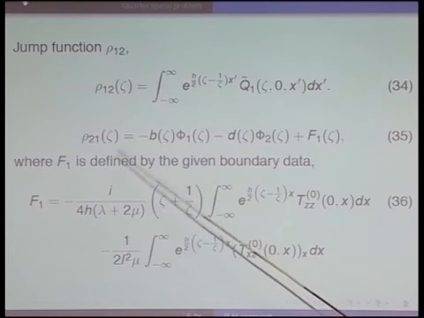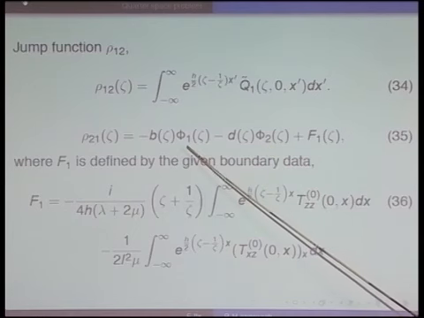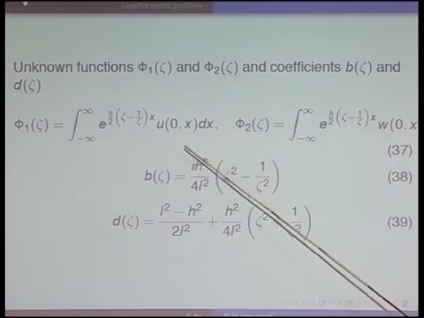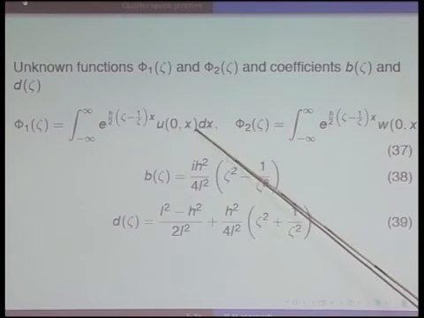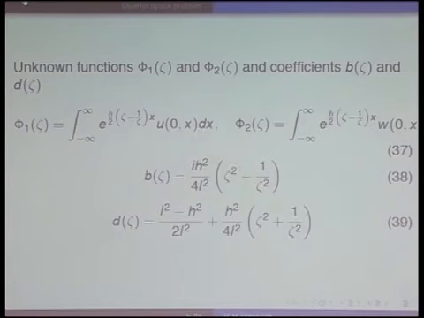We express the jump function in terms of the known boundary data and in terms of two unknown functions which are given by these integrals and which include the displacements on the boundary, the x component and z components of the displacement, which cannot be expressed in terms of the boundary data.